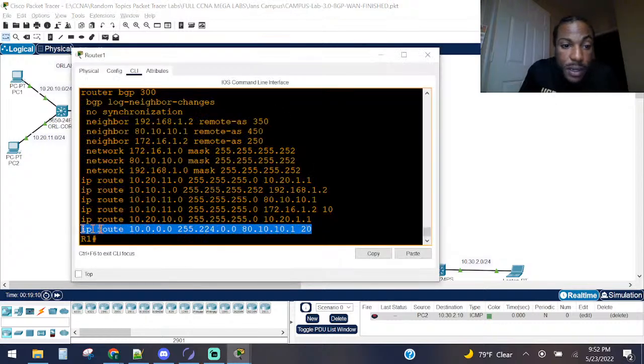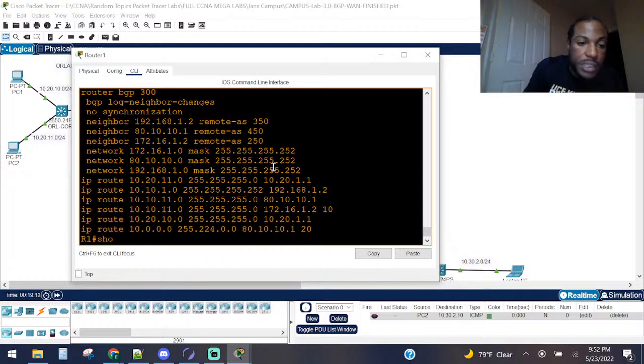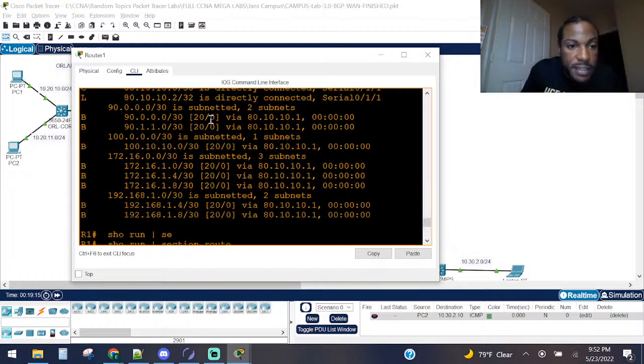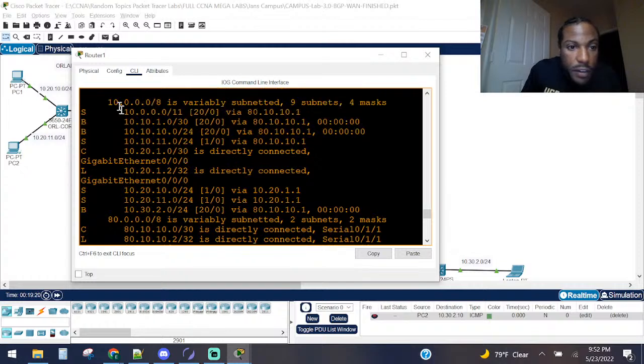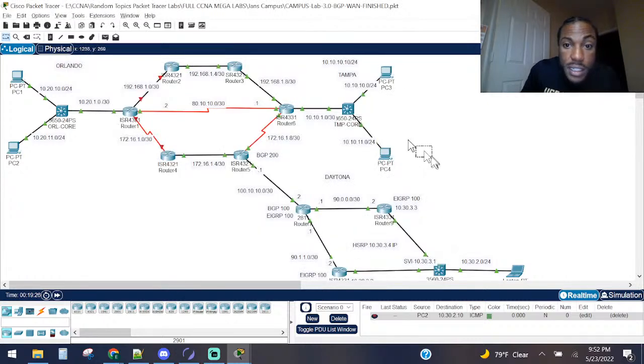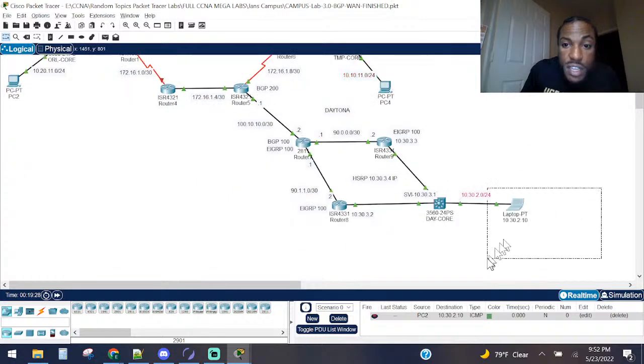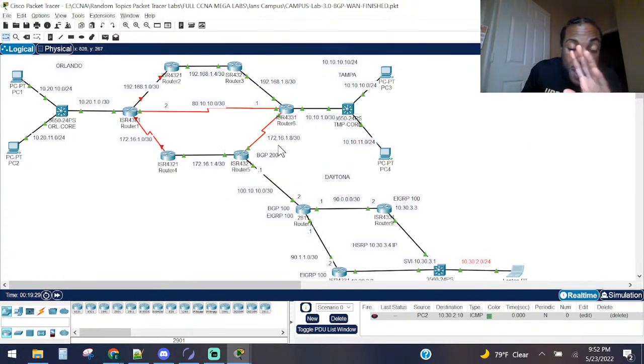This floating static route should be in there. Let's see, show IP route. There it is right over here. That is my summary route to take me to any other 10 network, right? This is a 10 network and this is a 10 network. To make it to any of those other routes, go over here.